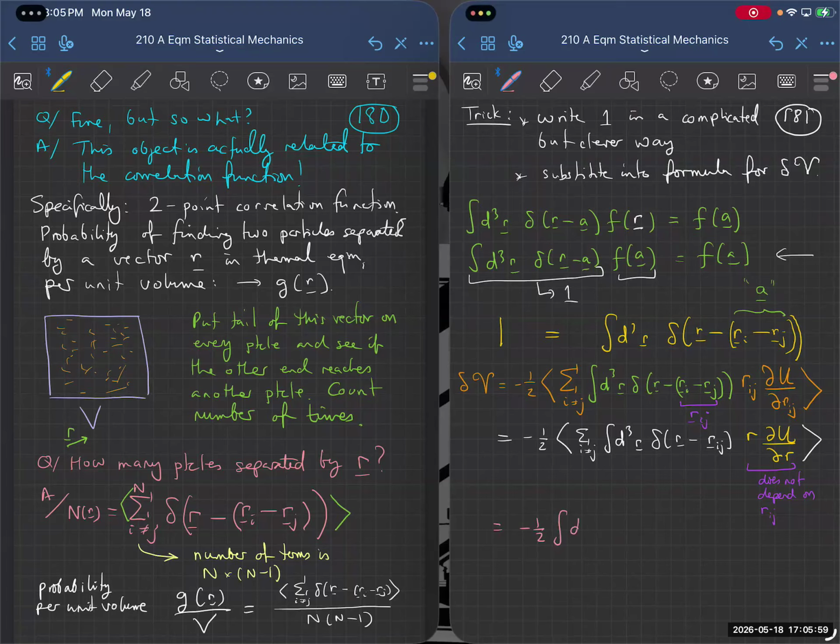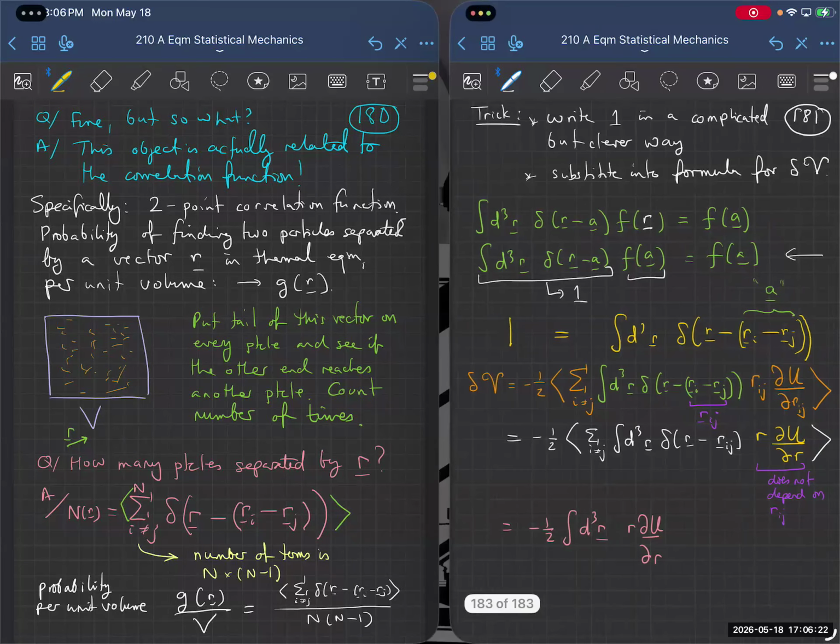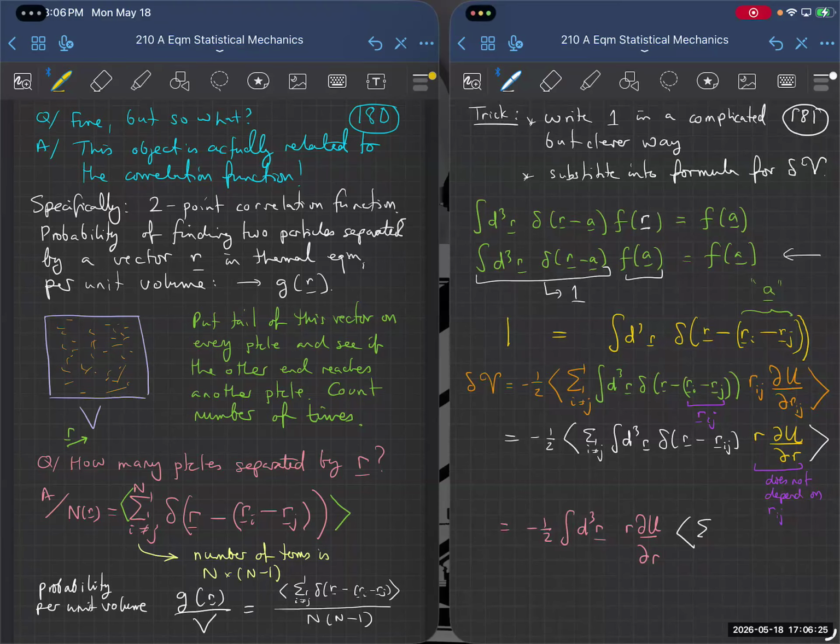So integral d3r, and then I've got r du by dr. You tell me what the potential is, 1/R6 or something like that, and that function just goes in here, r du by dr. And then the only thing left inside which depends on the particle positions is the expectation value of the sum over i not equal to j of delta of r minus ri minus rj.